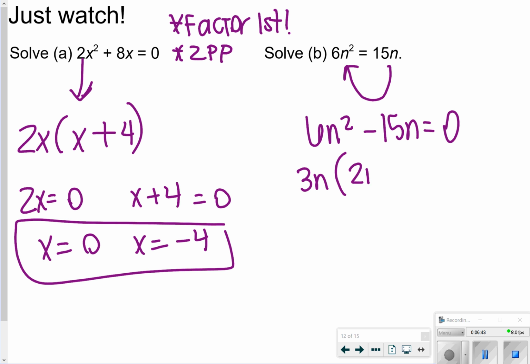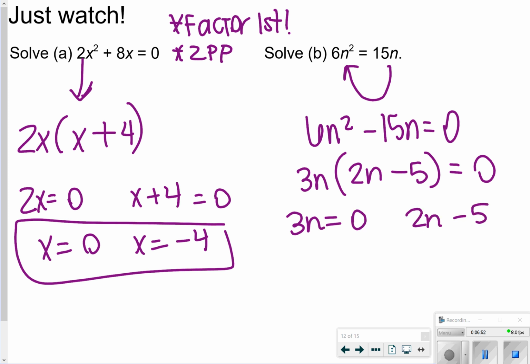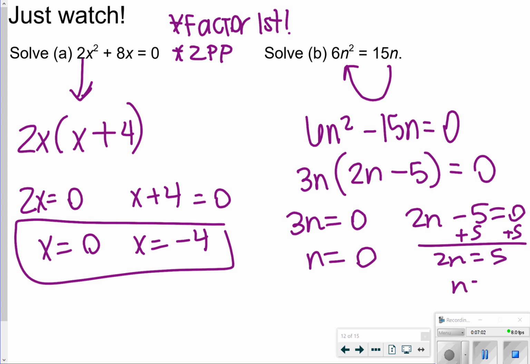So I'm going to have 2n - 5 as one of my factors, and then set each one equal to 0. So the first one, n is equal to 0. And then for the second one, I'm going to add 5 to both sides. So I get 2n is equal to 5, and then n is equal to 5/2.